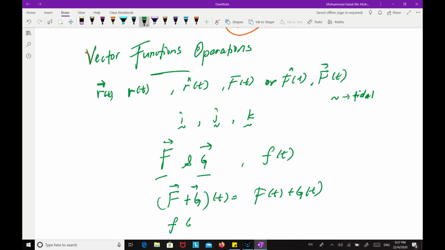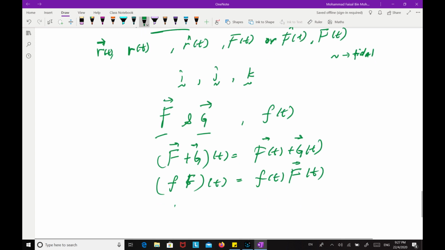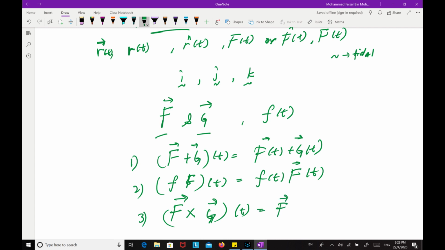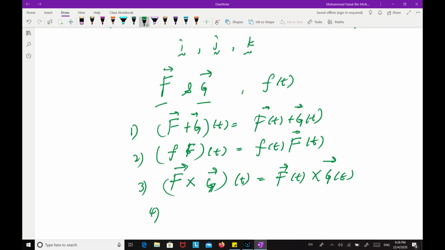Small f times F(t) will be F(t) times f(t), and then f cross g(t) will be f(t) cross g(t). f dot g(t) will be f(t) dot g(t). Okay, so we see some example.